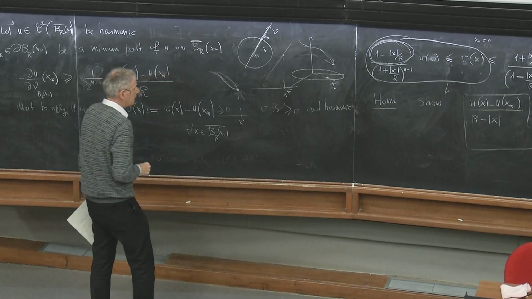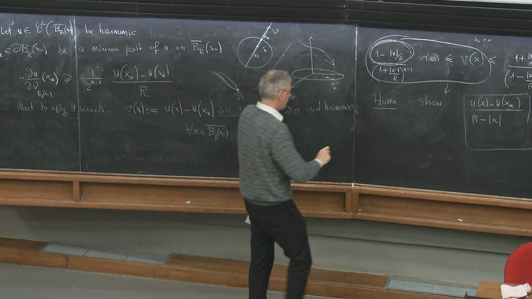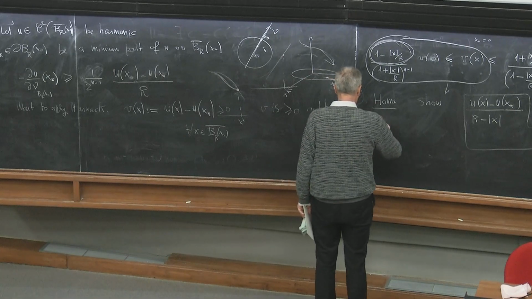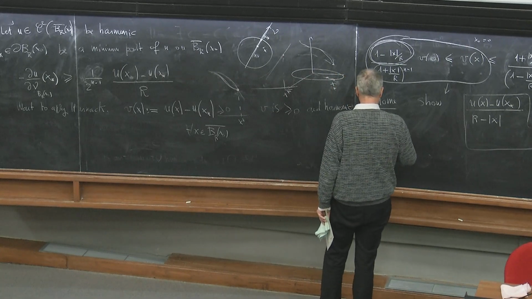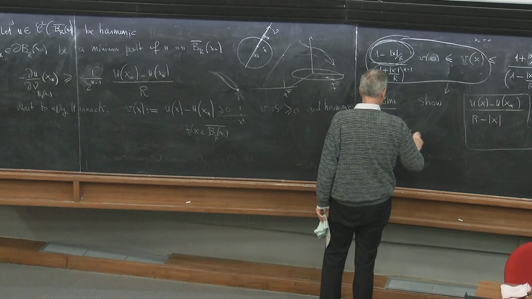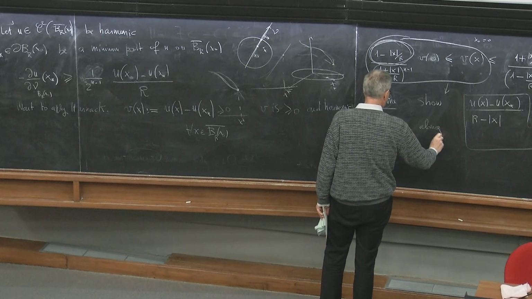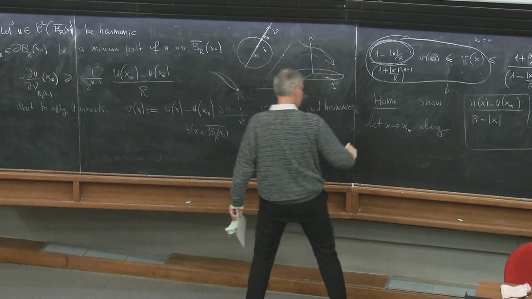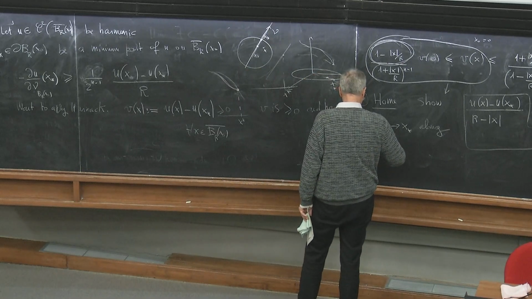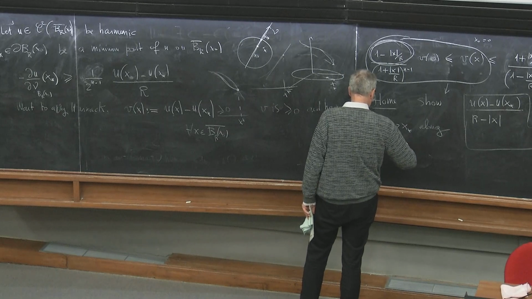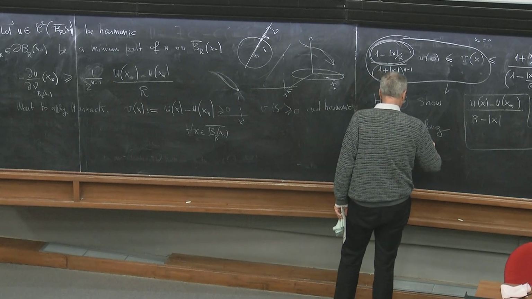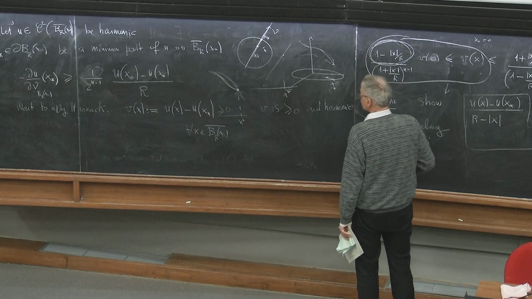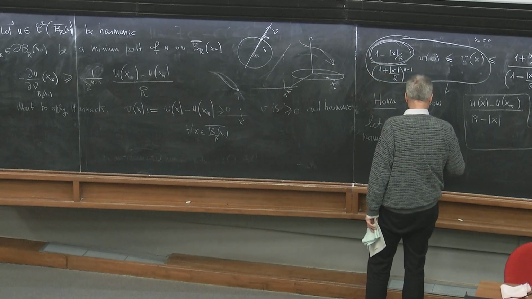And then let x converge to x star along this line here, the normal line to the boundary of the ball at x star.